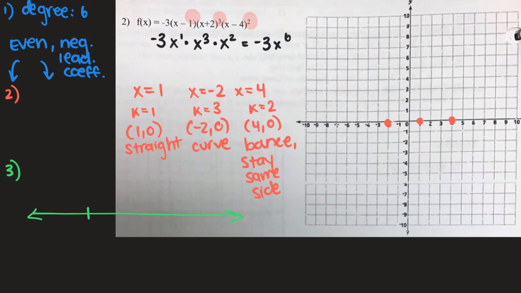I'm going to put my roots on the number line. So we have one at negative 2, we have one at positive 1, and we have one at 4. And I am not actually calculating the numbers that I'm plugging in. I just care about the sign to see if my values are going to be above the x-axis or below the x-axis. So let's start with this first part on the left, okay?